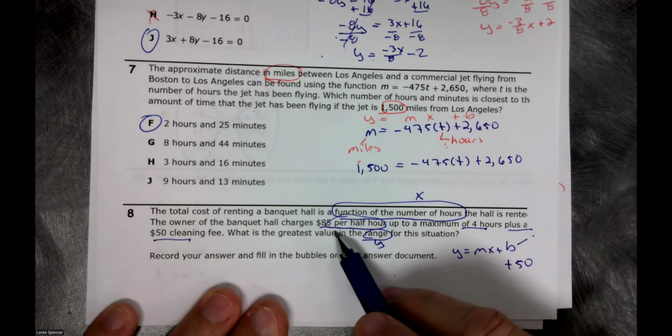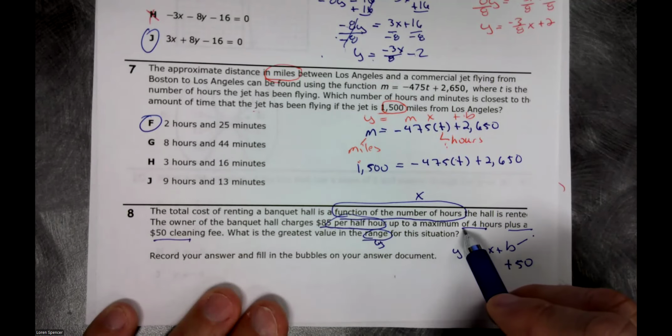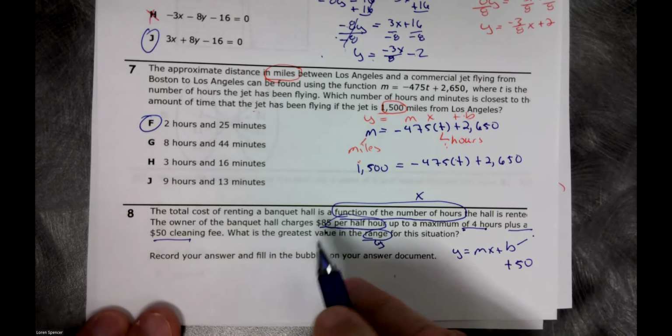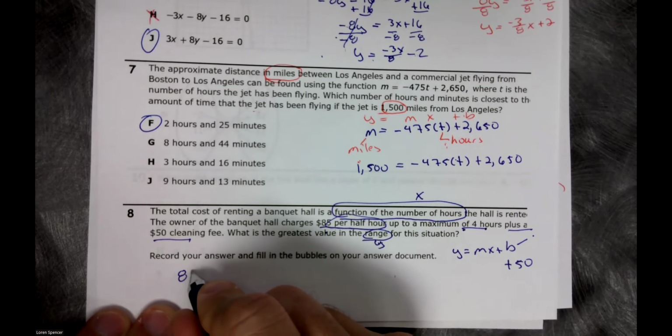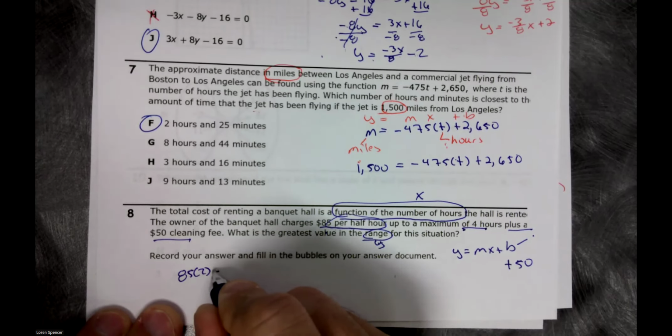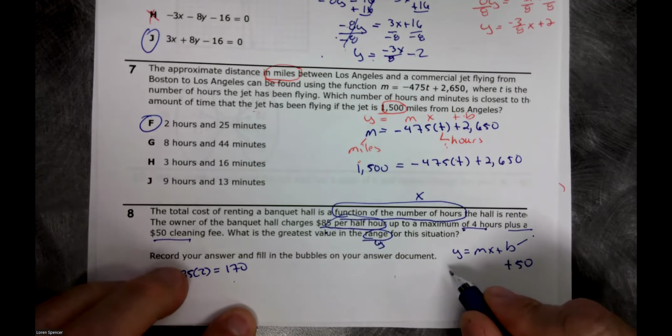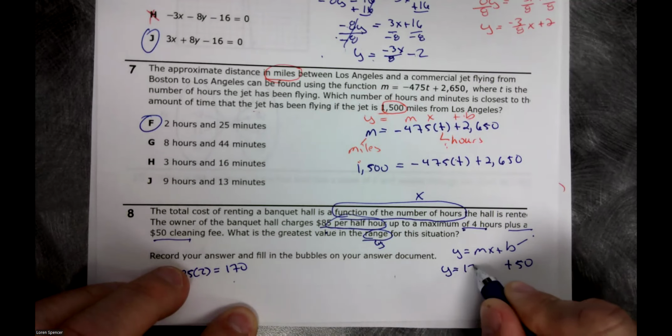My slope is where they mess us up because they're charging $85 per half hour, but they're talking about 4 hours. So if they're charging $85 a half hour, how much are they charging per hour? So 85 times 2 is $170 per hour.